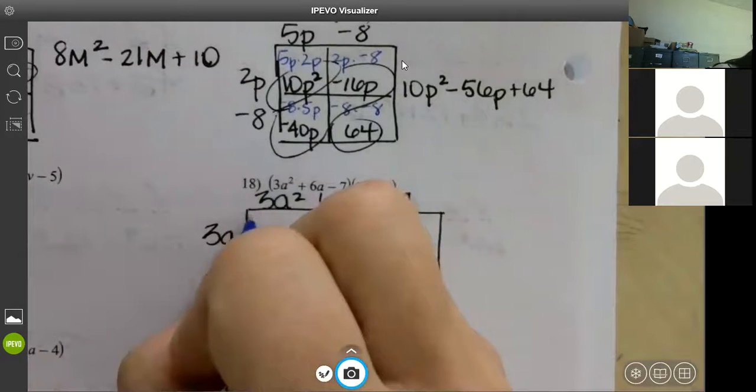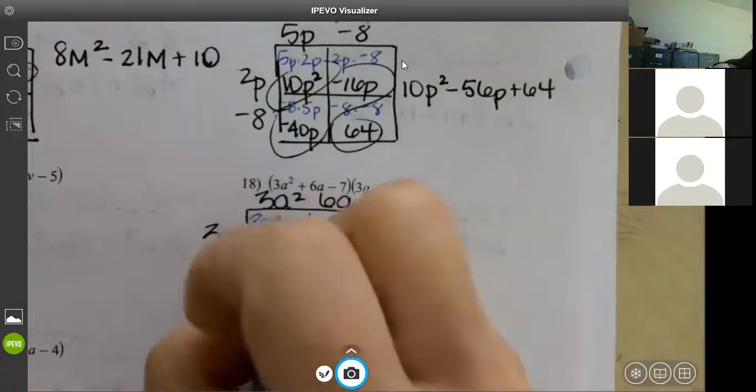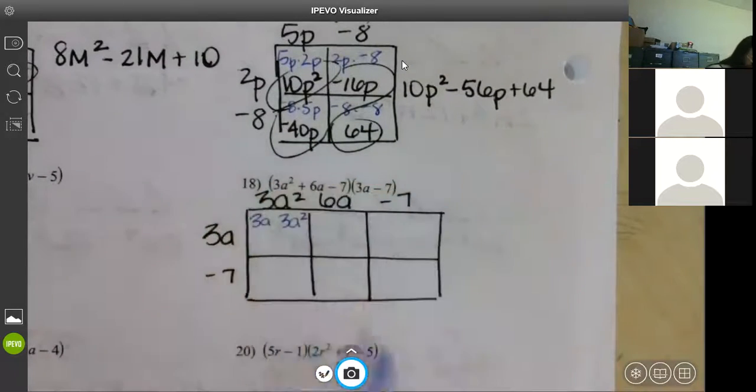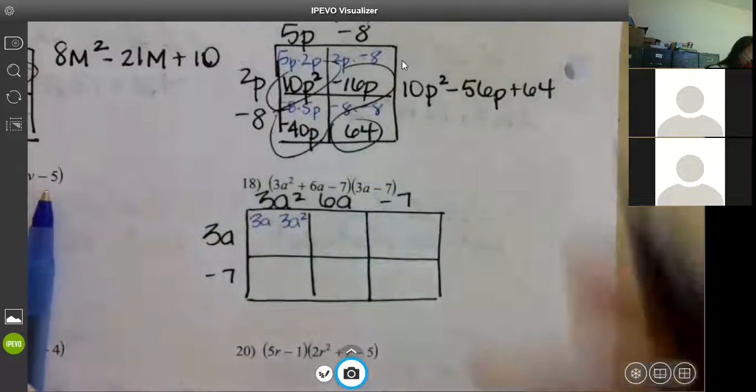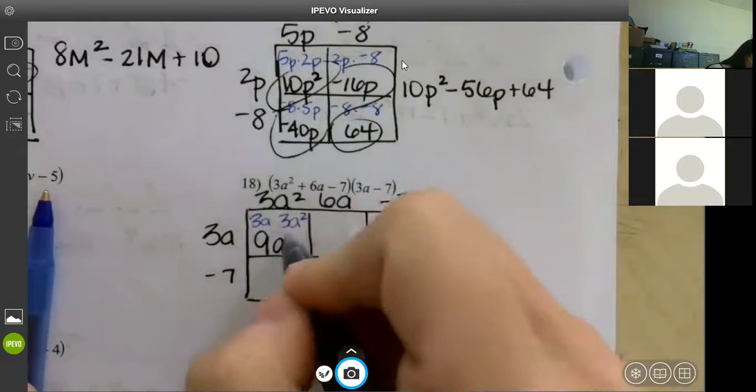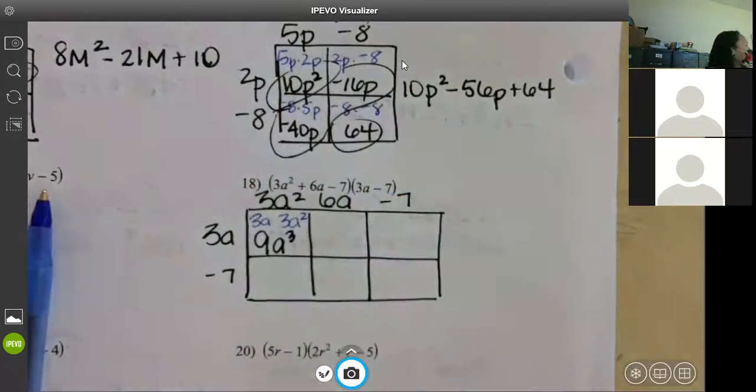In the first box, we have 3a and 3a squared. 3 times 3 is 9, and there are 3 a's.